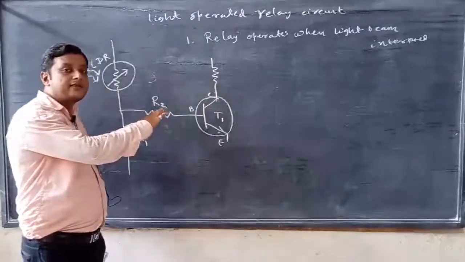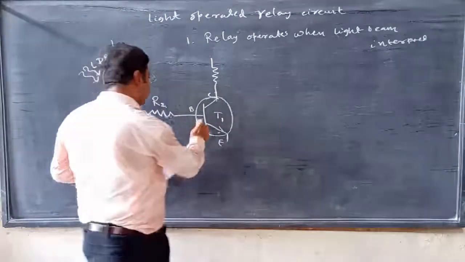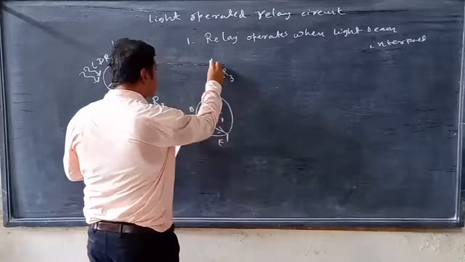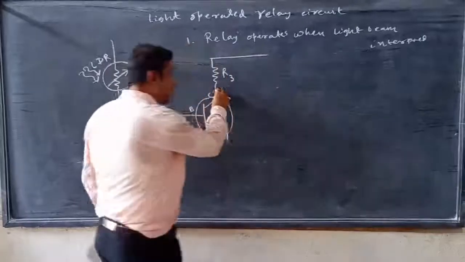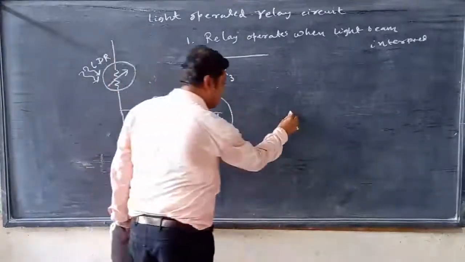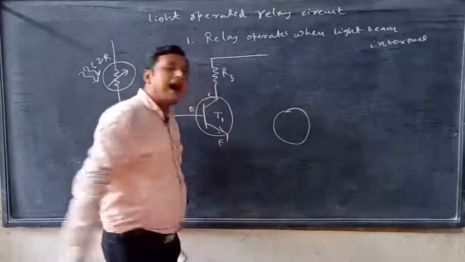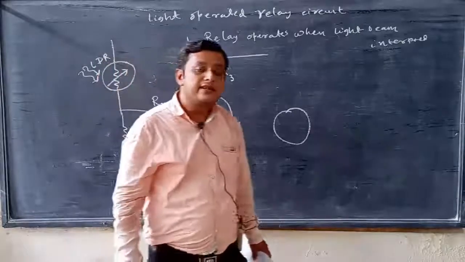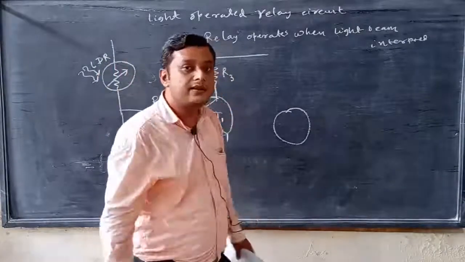Collector of the transistor T1 is connected with the resistor R3. Further, I am using another NPN transistor, and this transistor is represented by transistor T2.